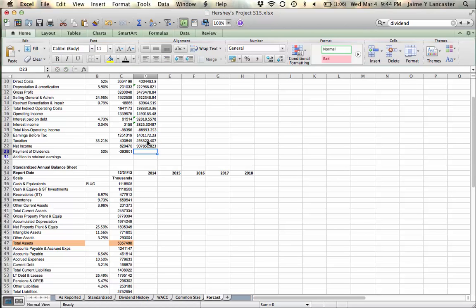Whew! And of that net income, we are going to pay half of it as dividends, and we are then going to add the remaining bit to retained earnings. And with this 50% dividend payout ratio, it makes everything pretty handy.